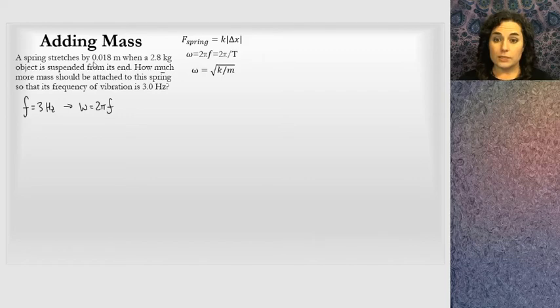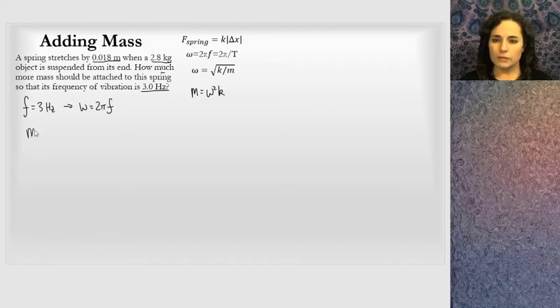I'm given a displacement and I'm given a mass and I'm given this frequency. So I know omega, and omega is related to the mass. So I'm going to think about it this way. The mass that I want to solve for, I can relate to the omega. So m equals omega squared k.